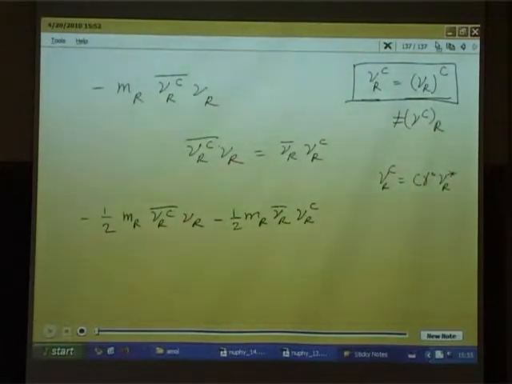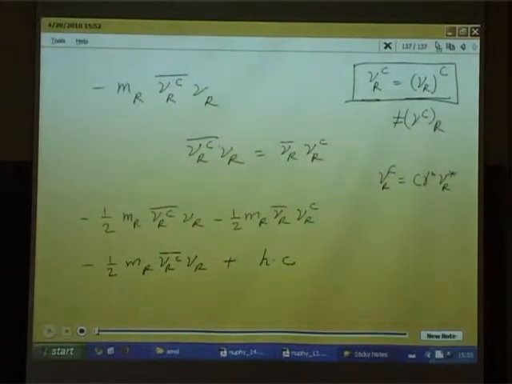So for the convenience of writing, you often write this term as minus half MR μRC bar μR plus its Hermitian conjugate, because the conjugate is also identical to it. So you can always write it like this.